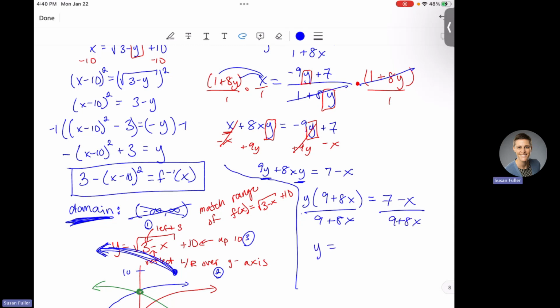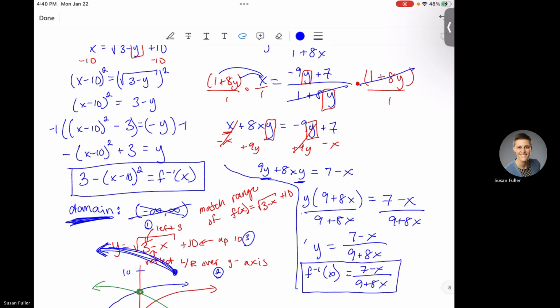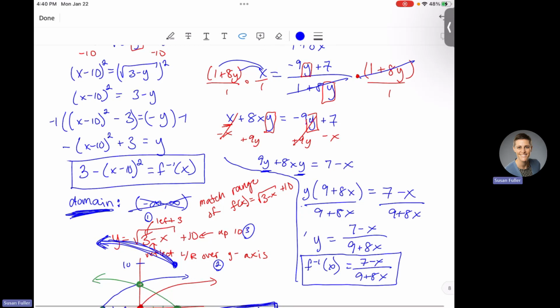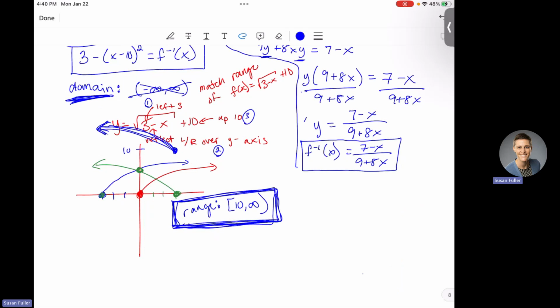And so y is equal to 7 minus x all over 9 plus 8x, and that is my inverse function. So that's what my inverse function looks like.